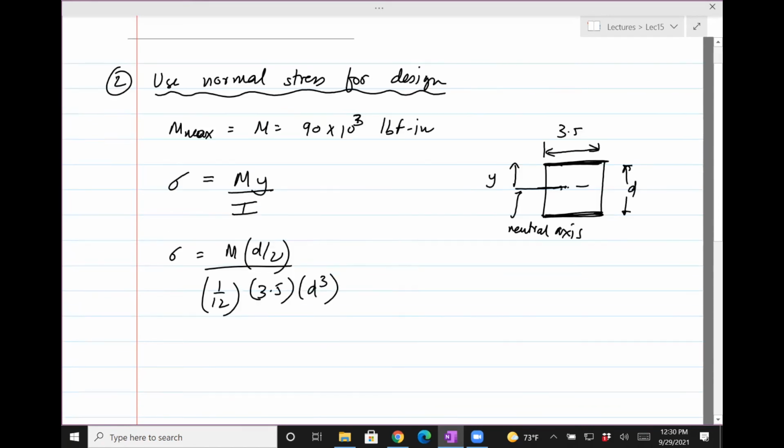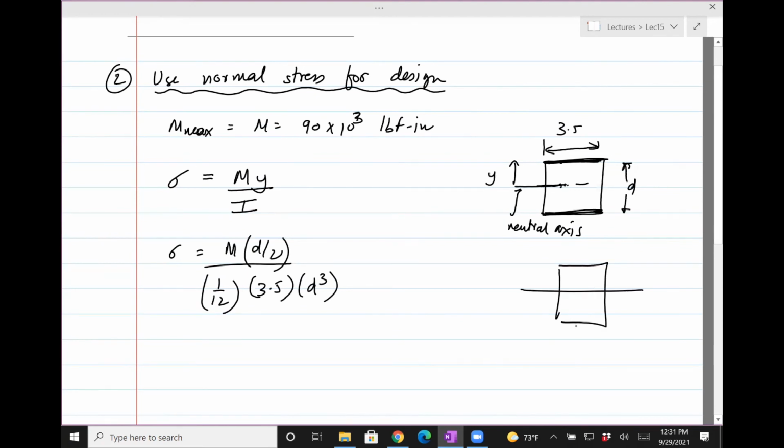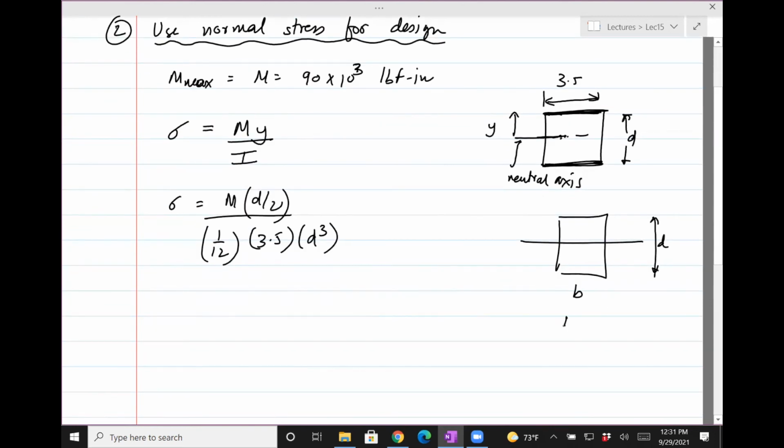Okay, that's always the inertia. So this is B, and this is D. Then I is 1/12 B D cubed. You will be given this particular formula.